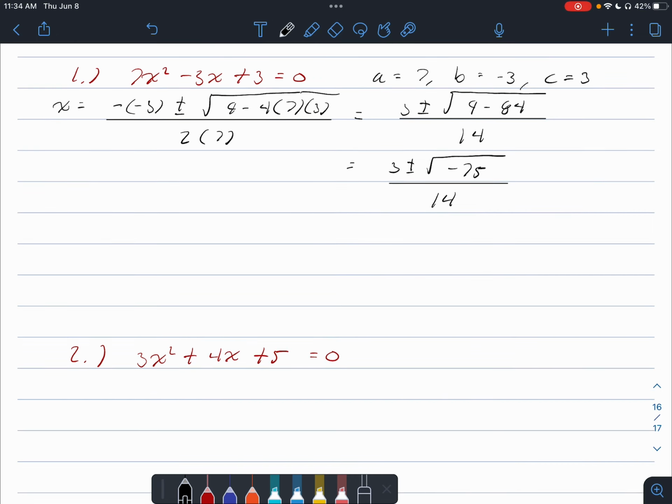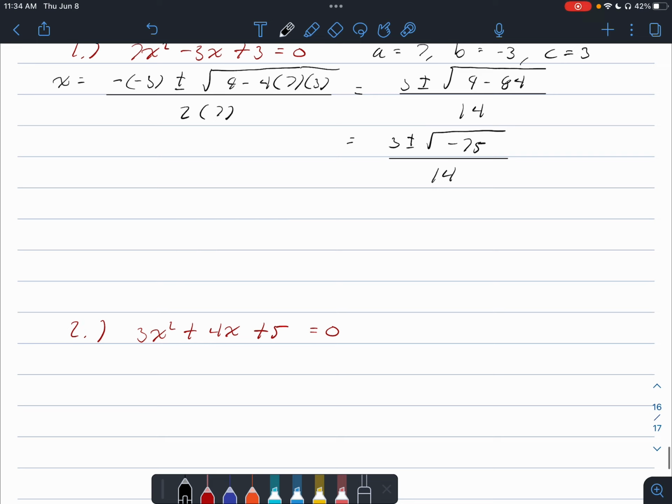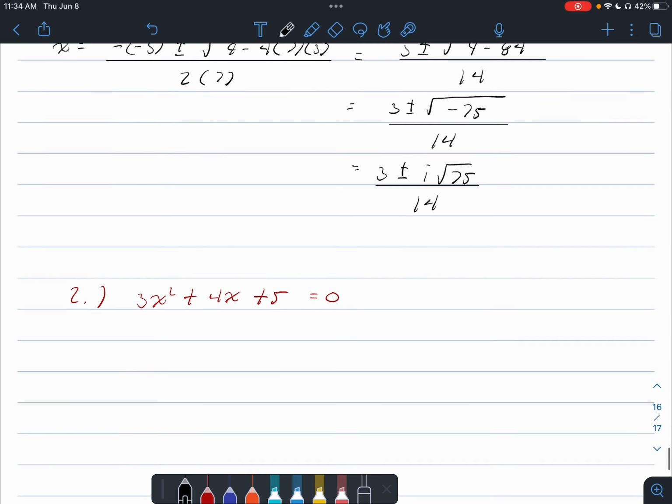So to do this, remember the first thing we do is we pull out an i, okay? So we have 3 plus or minus i times the square root of 75. This will be all over 14. And we can rewrite 75 as 3 times 25, okay?